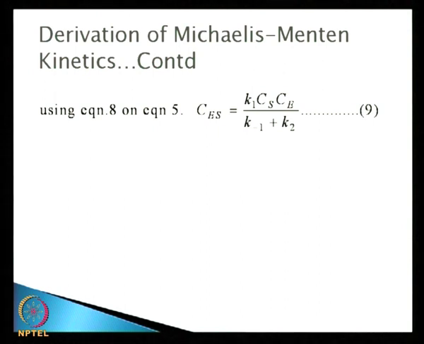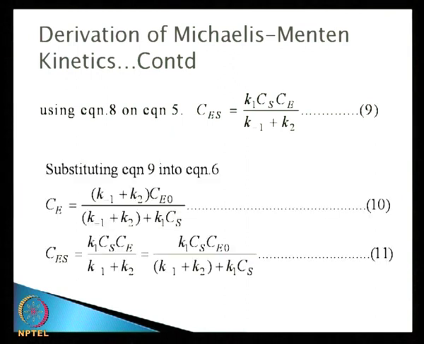I have it on the screen now: once you put d dt of CES equals 0, you get CES equals K1 CS times CE over K minus 1 plus K2. Clear? Lisa? Clear? Okay.